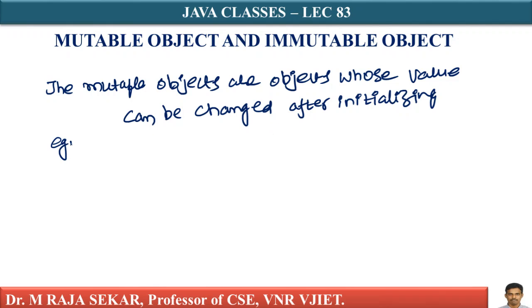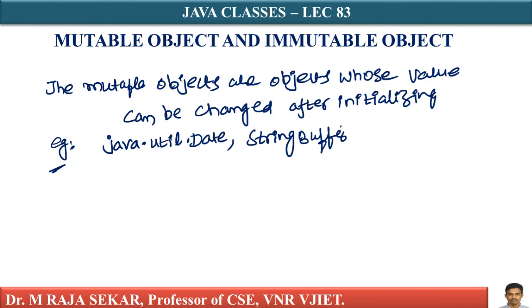Let me give one simple example: java.util.Date is a mutable object. Even StringBuffer is also mutable. We will try to understand how Date is mutable and how StringBuffer is mutable. When we make a change in an existing mutable object, no new object will be created. Instead, it will alter the value of the existing object.